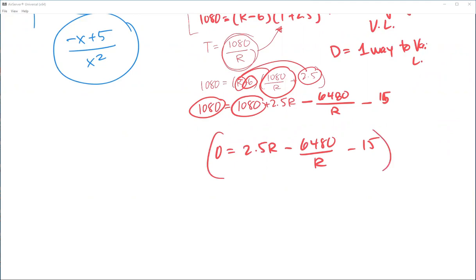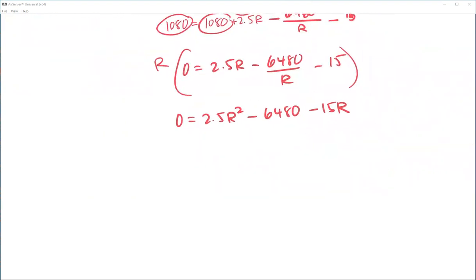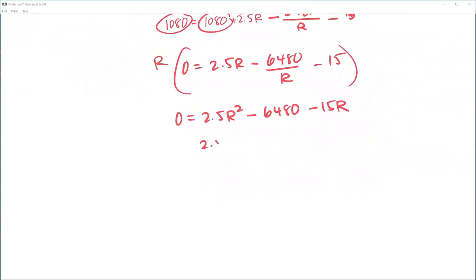So 0 is equal to 2.5 R squared minus 6480 minus 15 R. Let's rearrange this to get a quadratic: 2.5 R squared minus 15 R minus 6480 equals 0.